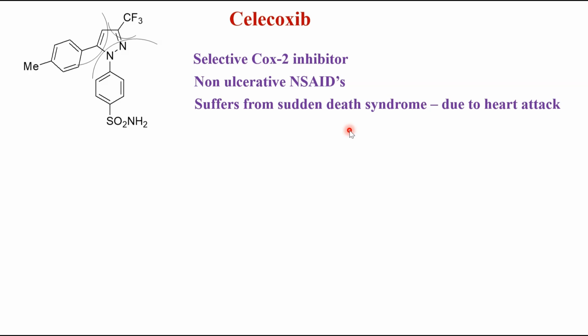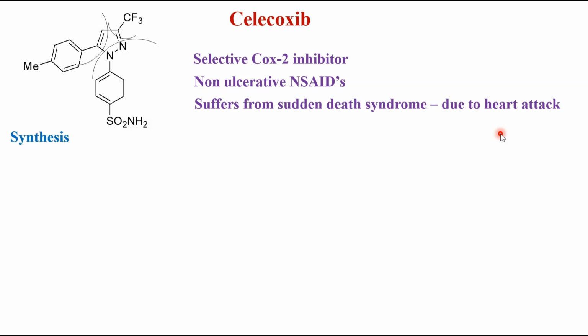This is attributed to the heart attack. Some of the coxib derivatives have been banned because of this side effect. Thus, Celecoxib should be used with caution under the prescription of the doctor itself. It should not be used irregularly.